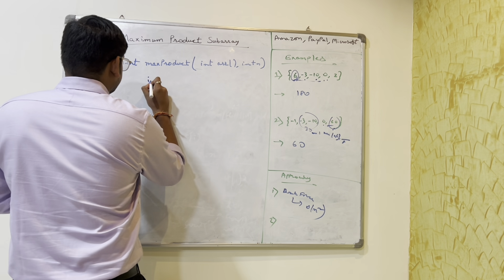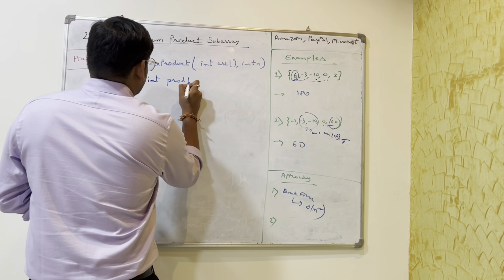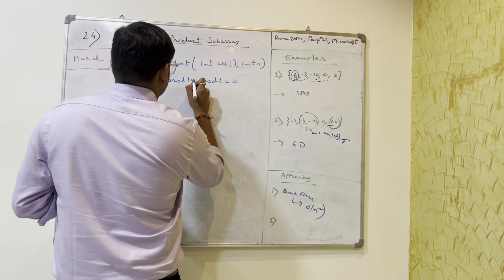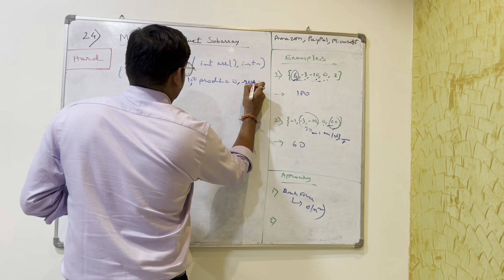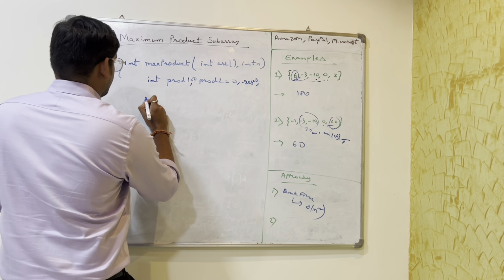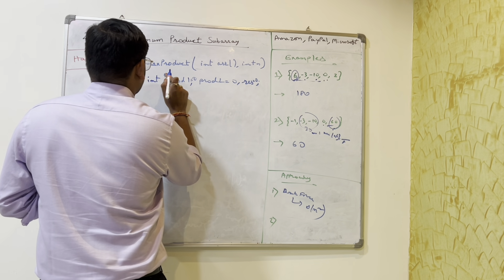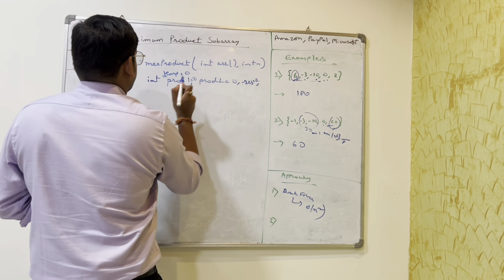So this way, this is how we will implement Kadane's algorithm in this max product subarray. We will take prod 1 and prod 2, both equal to 0, and we will have a result. Okay, result is 0. Now we will have a temp value also, so that we can again assign temp's value to prod 1. Temp is 0.